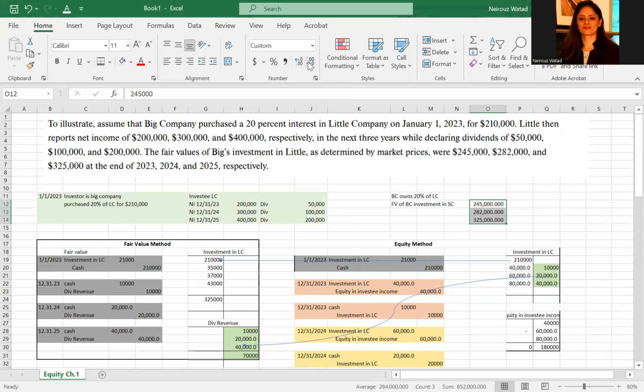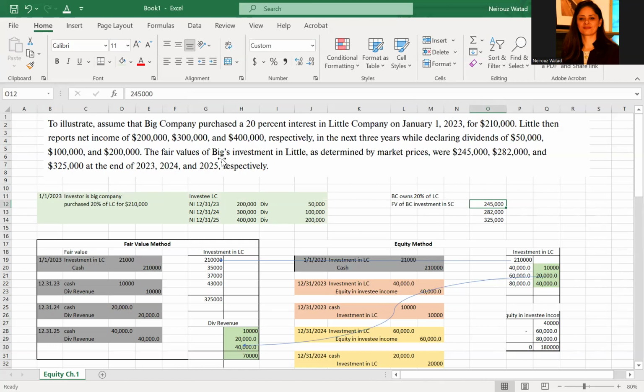Why do I stress on the 20% here? Because this is not the fair market value of LC, of Little Company. This is the fair market value of only the 20% of what BC owns in LC. Let's read it again.